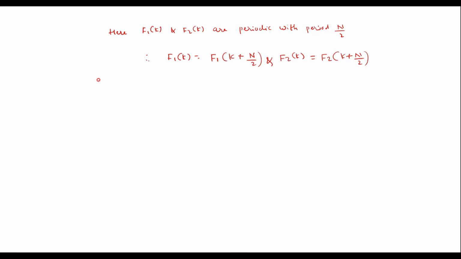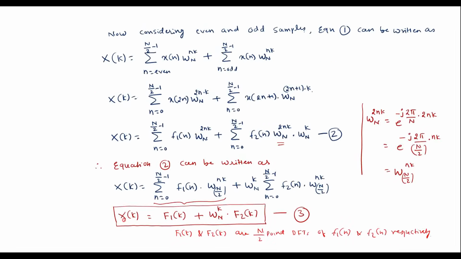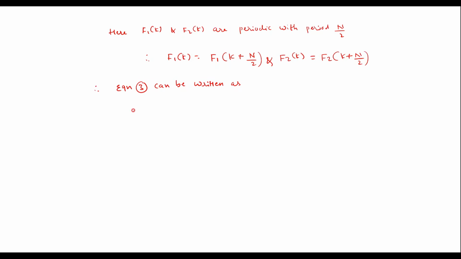So now equation 3 can be written as, here I will replace X of k by X of k plus N by 2, because X of k is periodic with period N by 2.